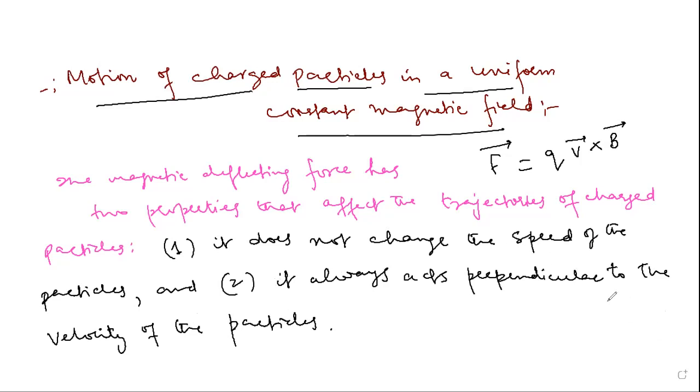Now, keeping these two things in mind, imagine there exists a magnetic field in certain region of space which is uniform and constant.